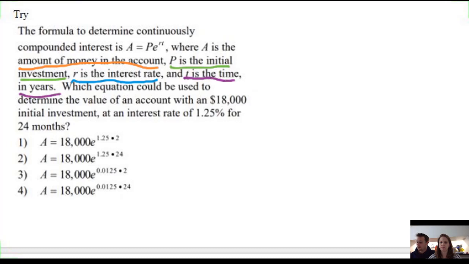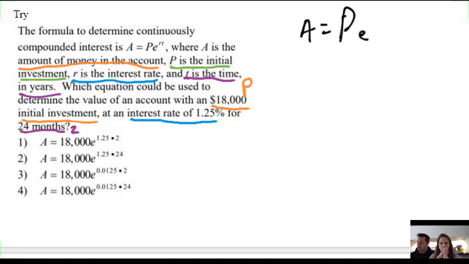Which equation could be used to determine the value of an account with an $18,000 initial investment, so that's the P, and an interest rate, that's the r, of 1.25 for 24 months? That's the t, except they wanted t in years, so we're going to make that 2.